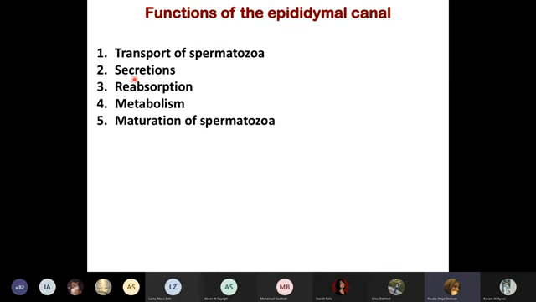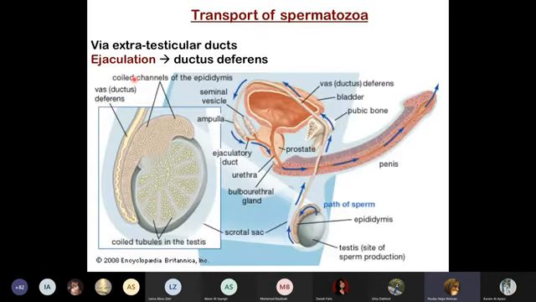We start with the first one, which is the transport of the spermatozoa. The transport of spermatozoa occurs via extra-testicular ducts. First of all, from the epididymis, they move to the vas deferens, or ductus deferens.